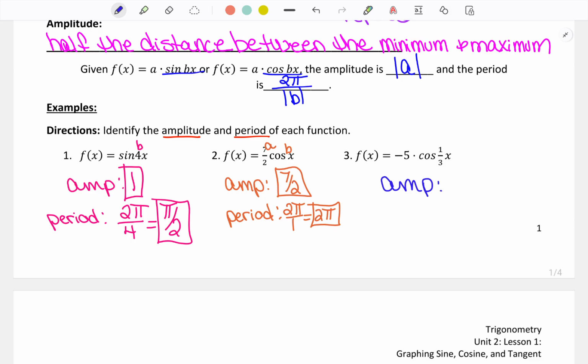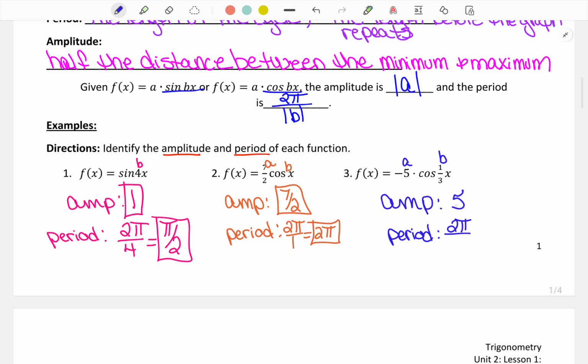It's the absolute value of -5, so it's going to be just 5. And then for our period, we have 2 pi over 1/3 because that's our b, which is 2 pi times 3 over 1, which is 6 pi. So that period is actually pretty long.